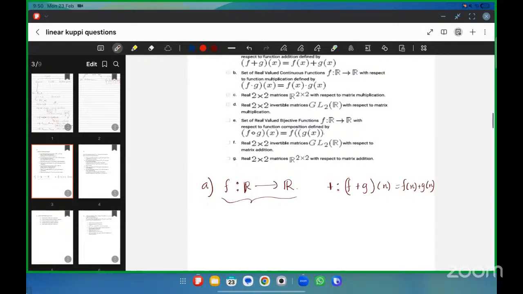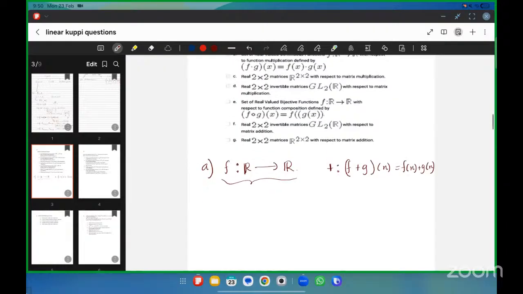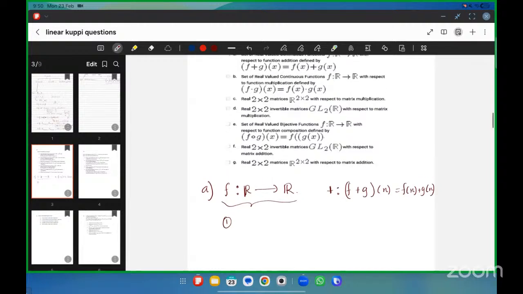We'll look at whether it is a group or not, one by one. If we look into the first condition, we have to check that it is non-empty. For example, f(x) is equal to 1 is also a real valued function, so there is at least one element. I call this set F and the operation plus.